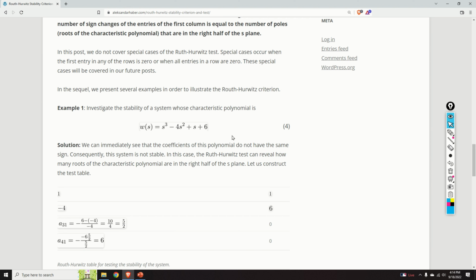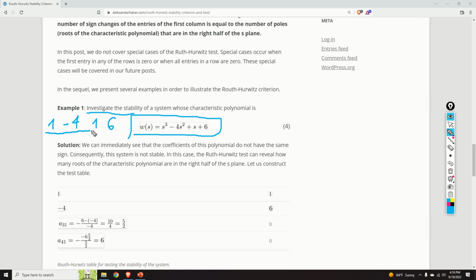Now, in the sequel, I will present two examples that illustrate the applicability of the Routh-Hurwitz stability test. Okay, so here's our first example. We want to investigate the stability of a system whose characteristic polynomial is given by the equation number 4. Here the coefficients are 1, -4, 1, and 6.